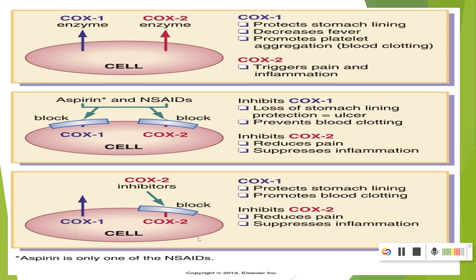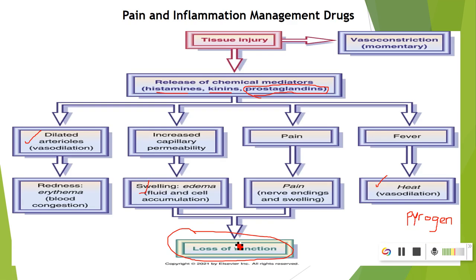Now do you know why we went and focused on this pathophysiology? Remember here what happens when there is a tissue injury? There is a release of chemical mediators. One of the major chemical mediators is prostaglandin, and prostaglandin can result in all four of these.